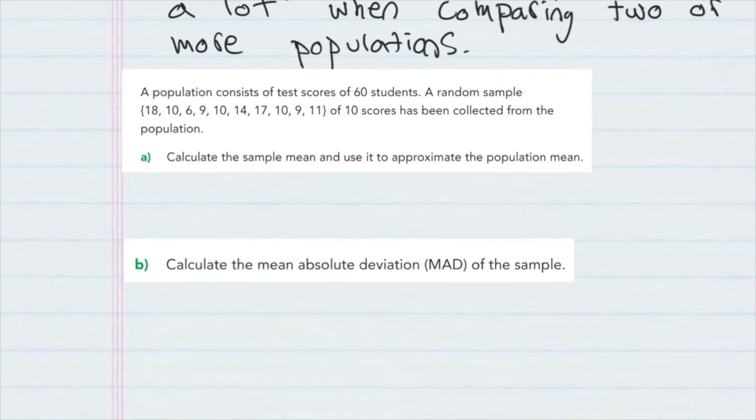Okay, so here are our numbers. And we're just finding the mean of those numbers. So that's 18 plus 10 plus 6 plus 9, and you just keep going.